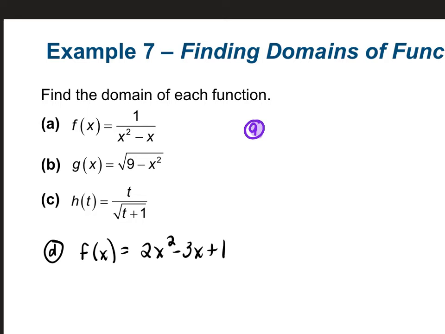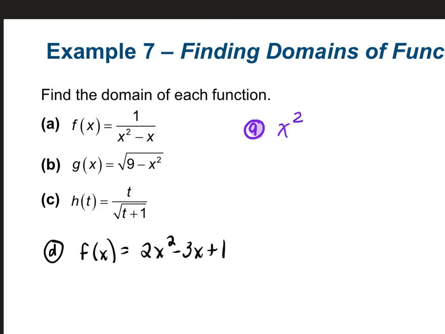Come on. A variable where? In the denominator. If there's a variable in the denominator, what do we do? Look back at that slide we just did, guys. What do we do if there's a variable in the denominator? Set the denominator not equal to 0.